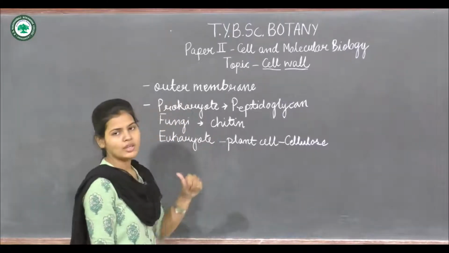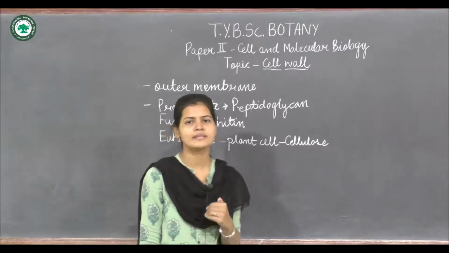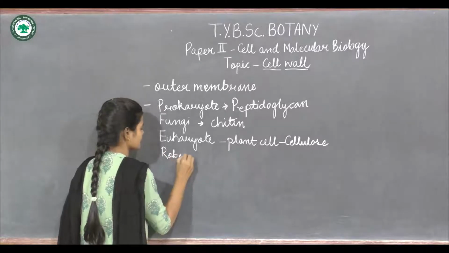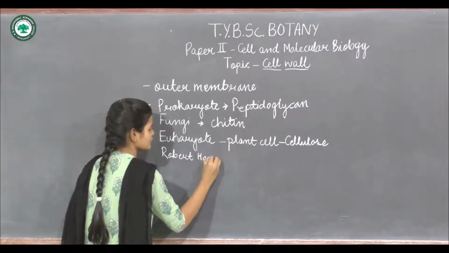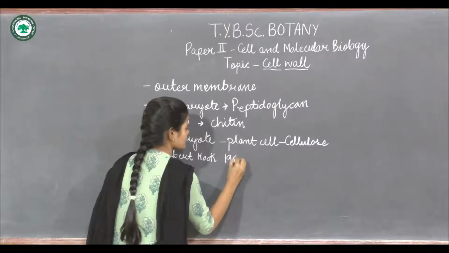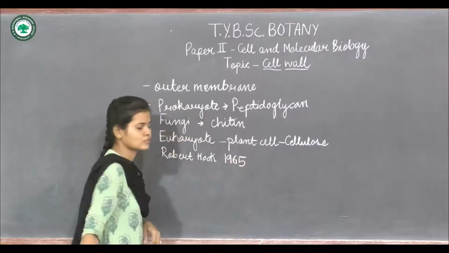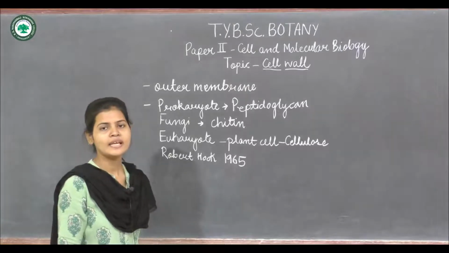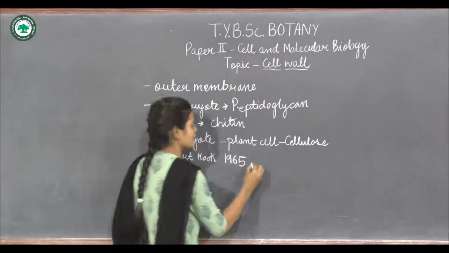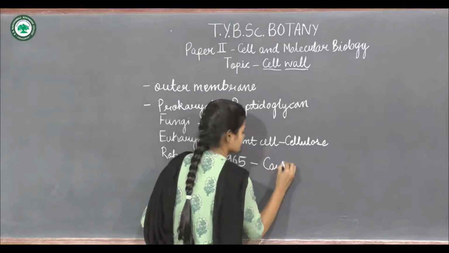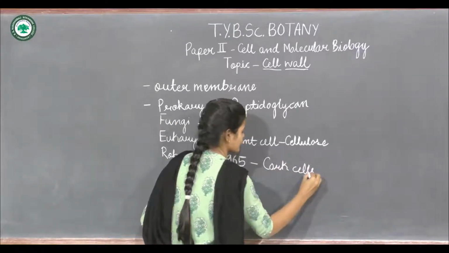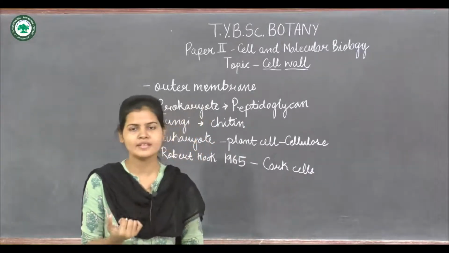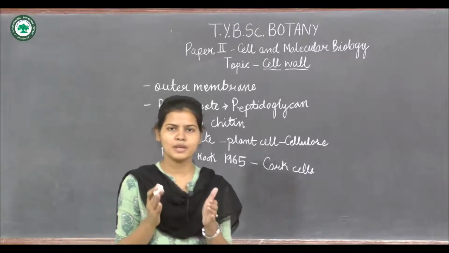Now, this cell wall was first discovered by the scientist Robert Hooke in 1665. He observed the cell in cork cells. Cork cells are the dead cells seen in the bark.